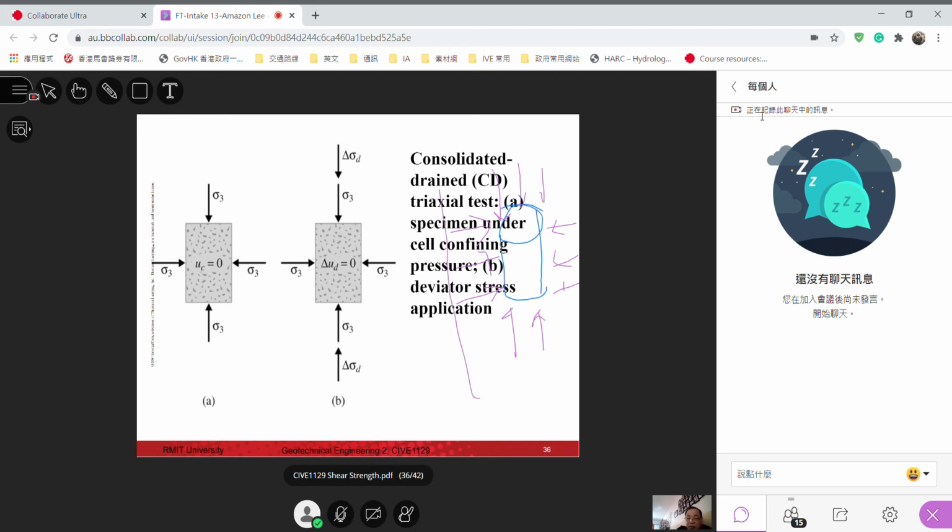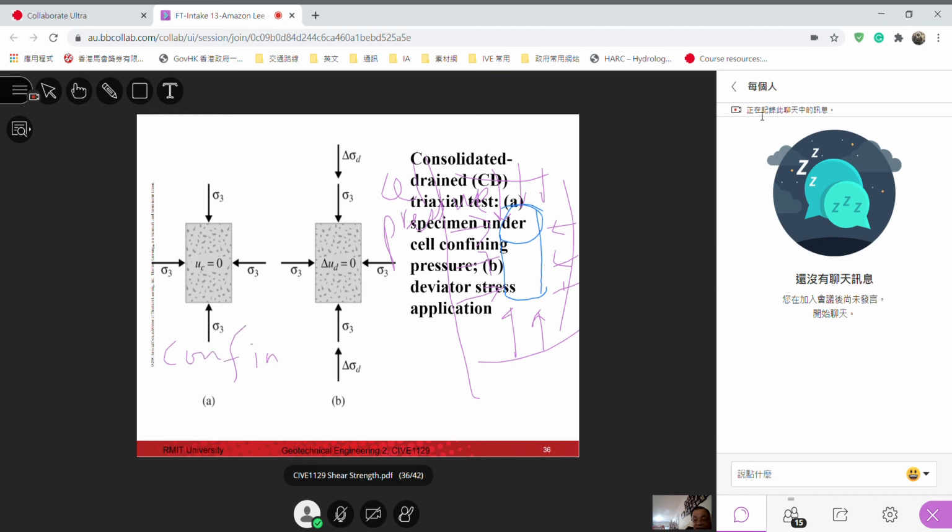The water pressure we call cell pressure, because everything is mounted in a triaxial cell. This cell pressure is also the confining pressure, there's so many names.